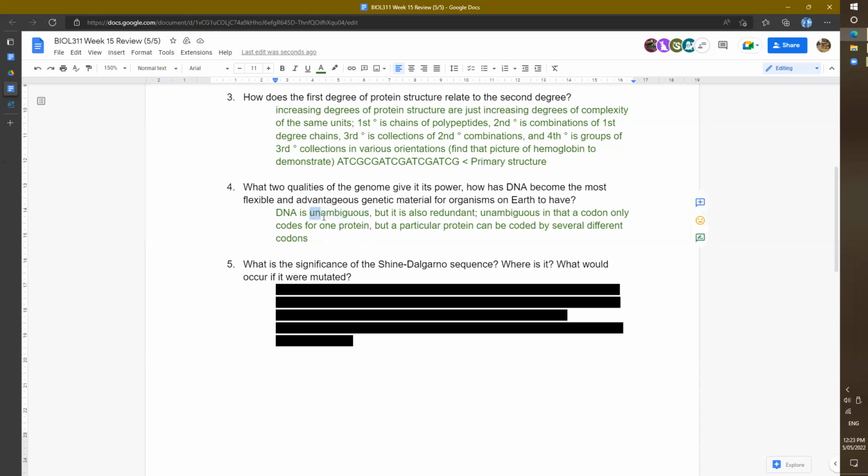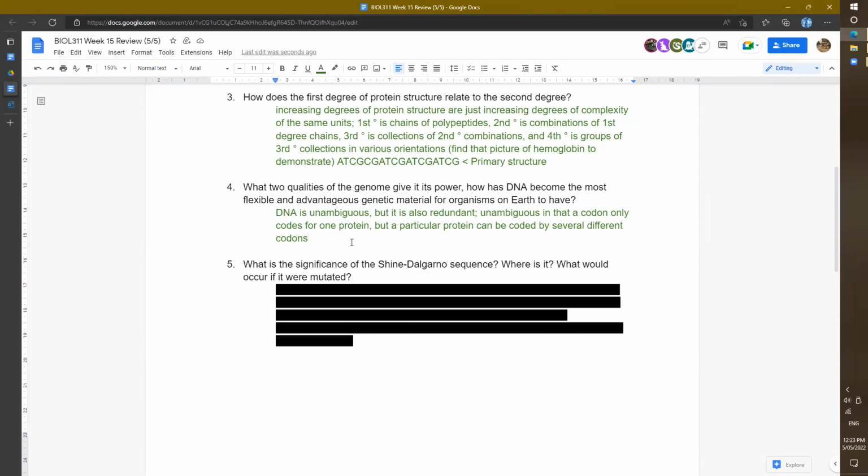If it's unambiguous, it is certain. So DNA is unambiguous in the sense that if you have UGA, it is going to code for stop. It's not going to code for methionine. Yes, thank you, Joseph. Ambi means both, apparently.